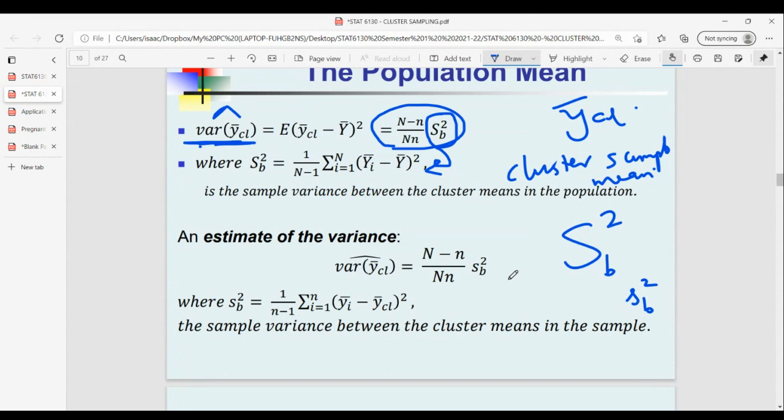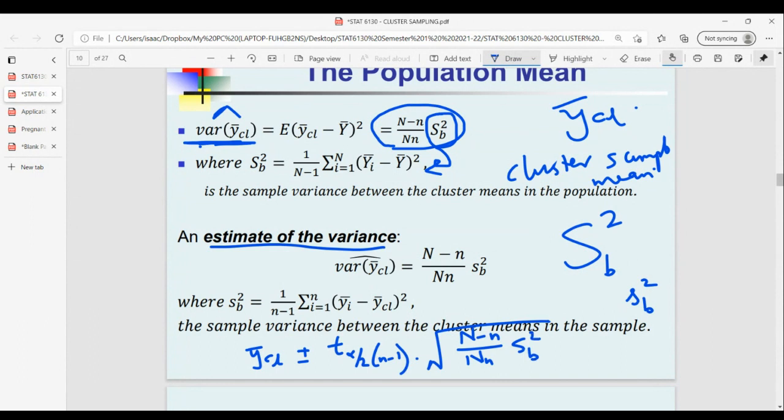So we have this. So this is what you use in order to construct confidence intervals and so forth. So if you want to construct, say, a confidence interval for the cluster mean, what you will normally do is take this, right? So you'll normally have it like this.